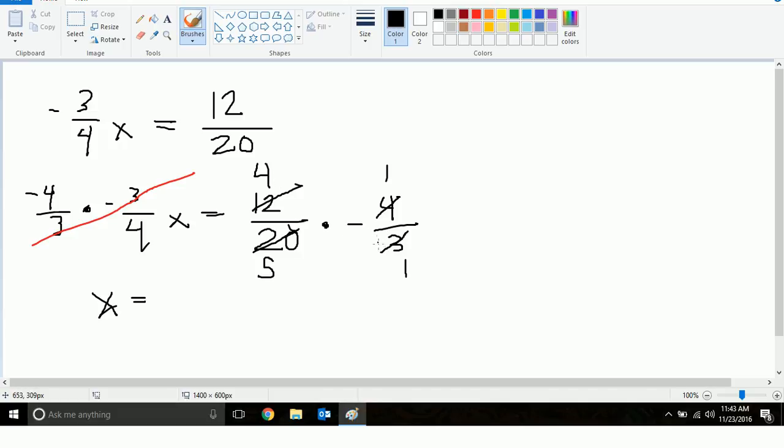So now we have 4 times negative 1, negative 4, and we have 5 times 1. We have negative 4 over 5 x equals that. Let's check it though. Let's plug it in. So we know x equals that. We're going to plug it in for x.